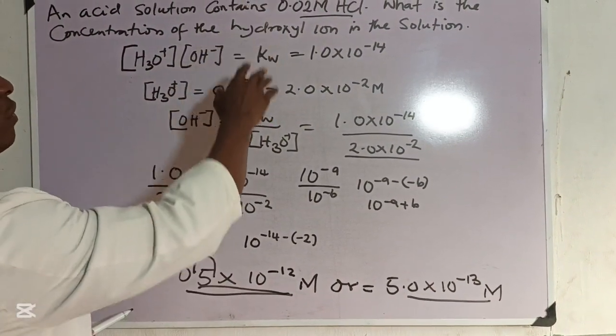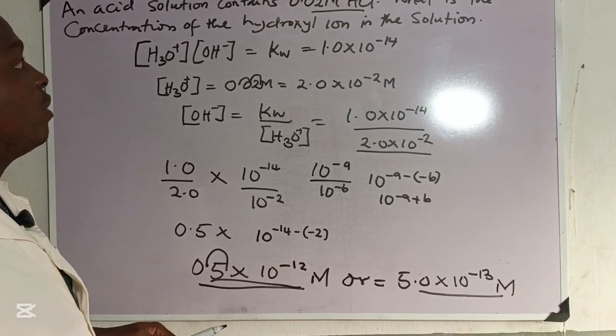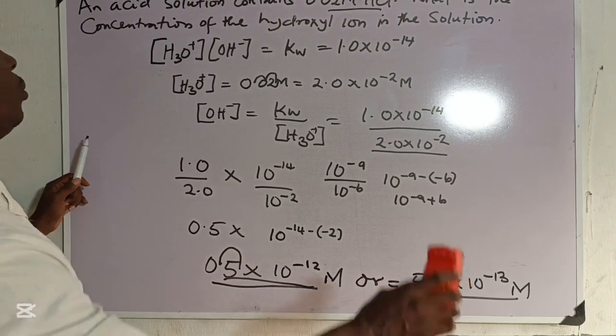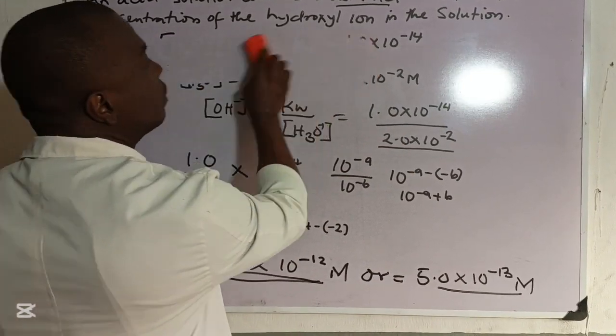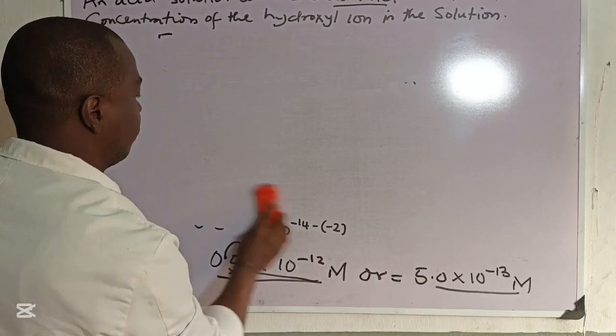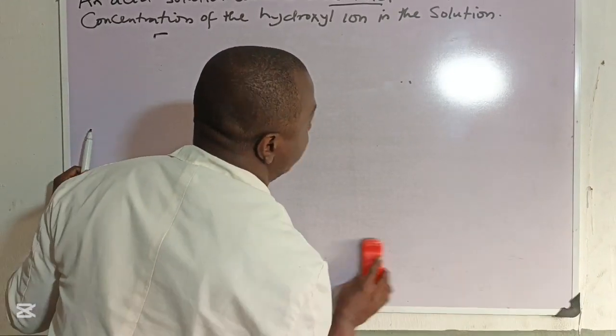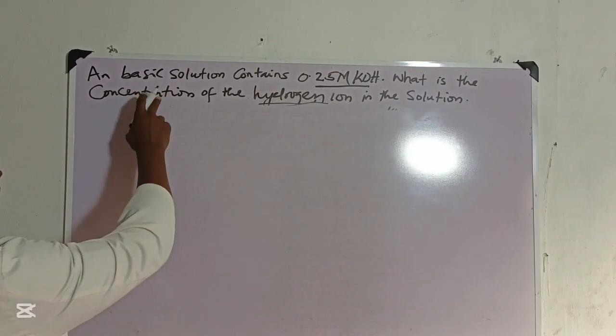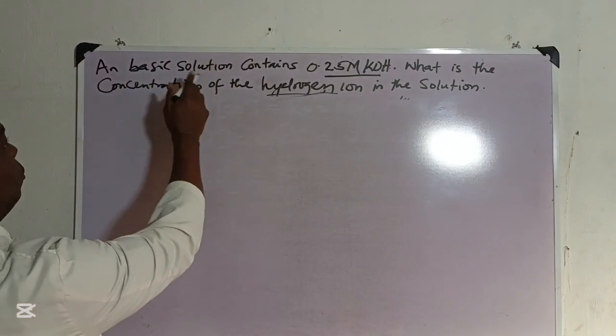Now, since we've solved for the concentration of hydroxyl ion in an acid solution, we can take another example. The second question will be on a basic solution.